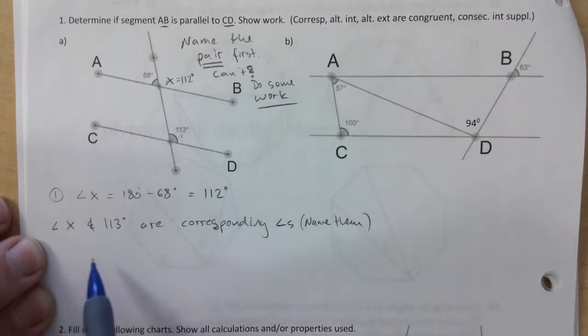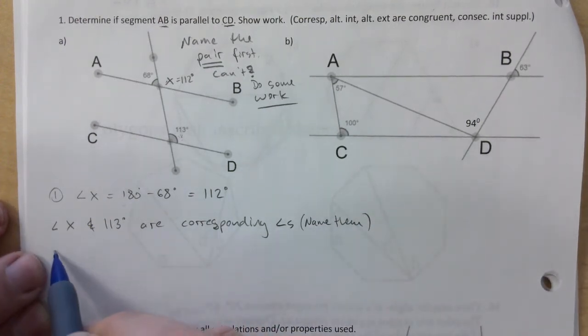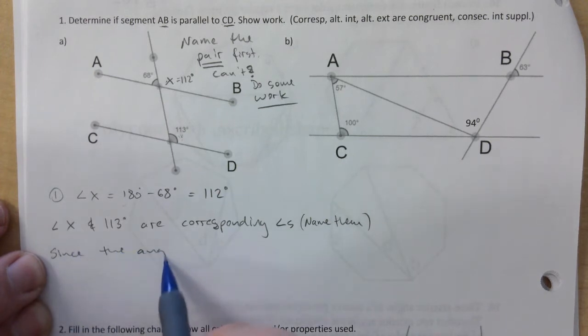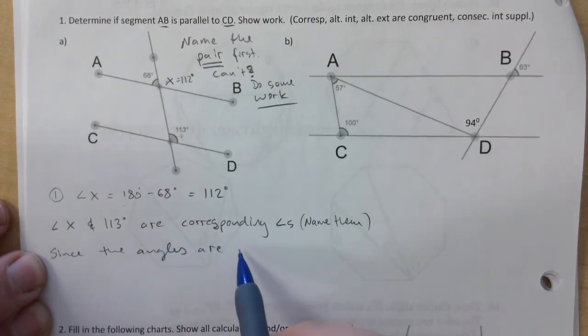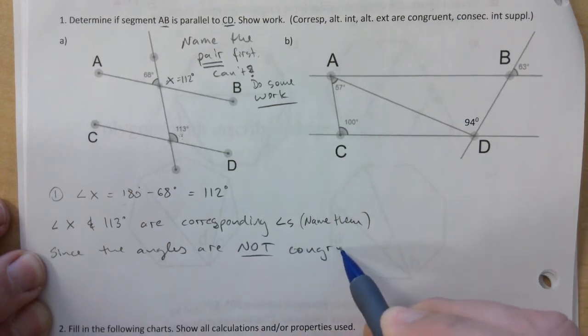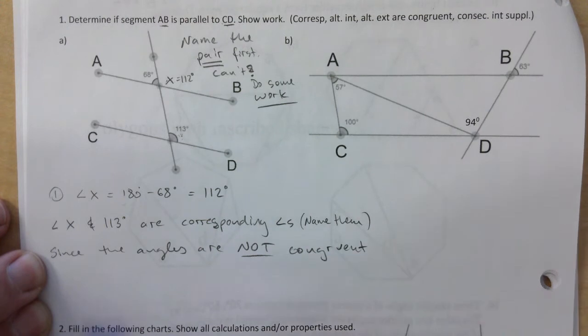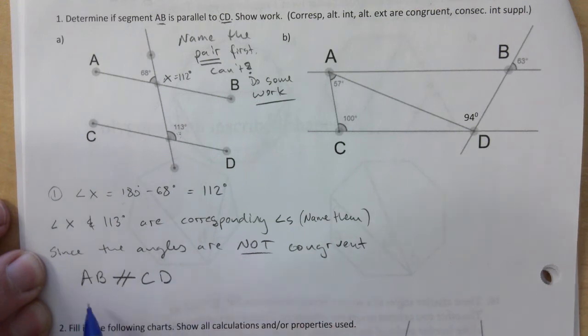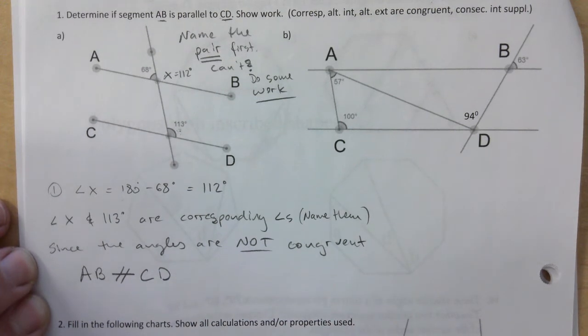Okay, rename them. And then since the angles are not congruent, AB is not parallel to CD. That's what you do.